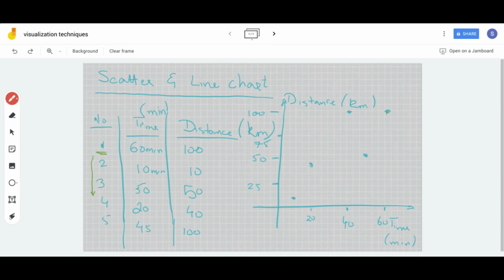If I were to draw a line between these points, which is equally distant from all these points, let's say I would do something like this. What that would tell me is how my distance traveled is related to the time. So I can do an average estimate of how long it would take me to cover a certain distance.